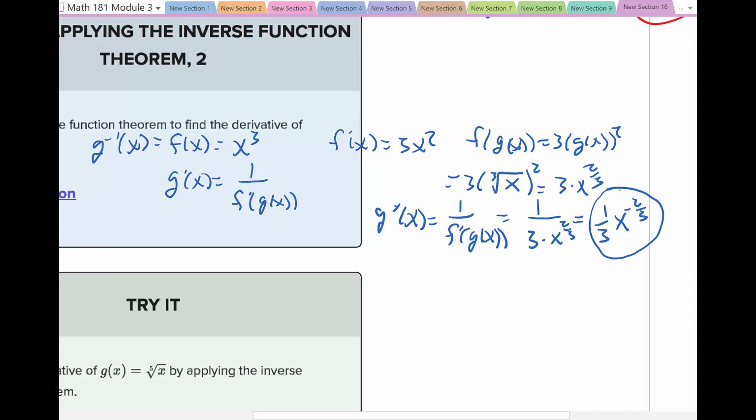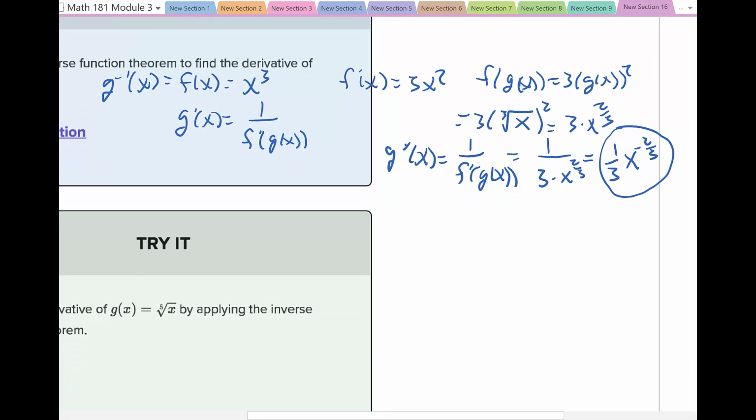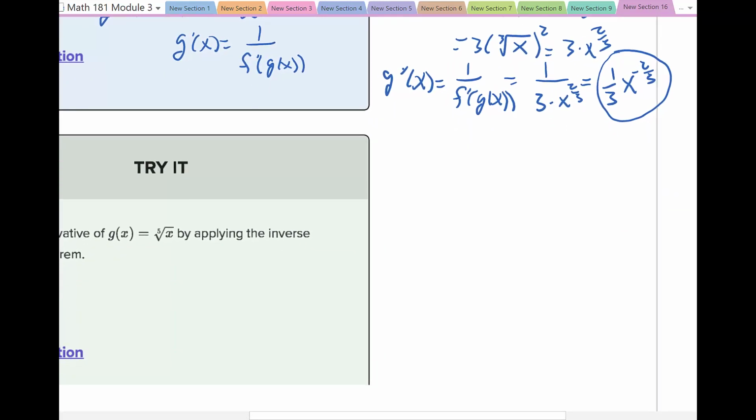Okay. And we have a similar one here, which is doing the 5th root. So if we say g of x equals the 5th root of x, then our inverse function, our g inverse of x, which is what we're going to call f of x, is going to be x to the 5th power. So our f prime of x is going to be 5x to the 4th power.